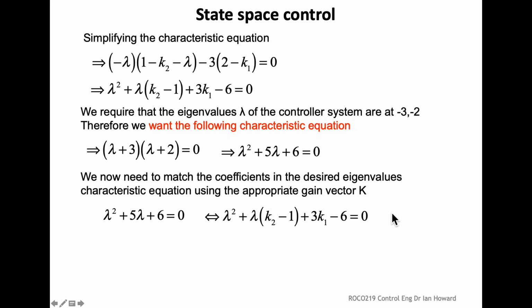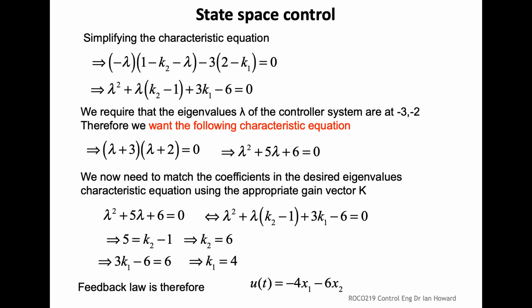We can immediately say that 5 equals K2 minus 1 because we can compare coefficients. Therefore, K2 has got to be 6. And then 3K1 minus 6 has got to equal 6. So K1 has got to equal 4. So the feedback law is going to be minus 4x1 minus 6x2.